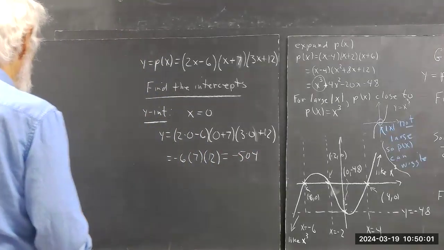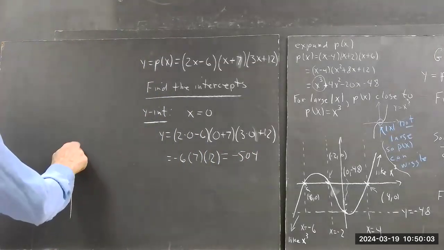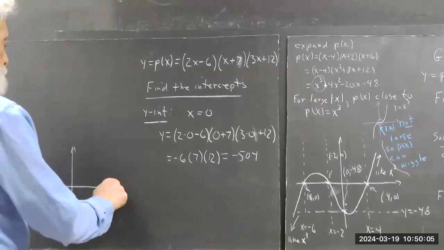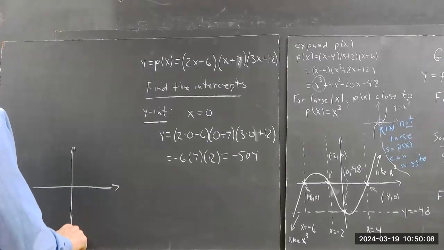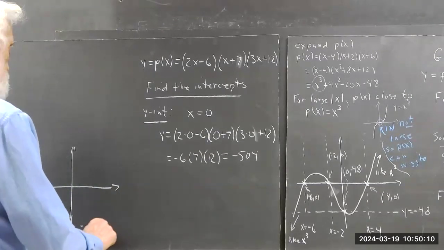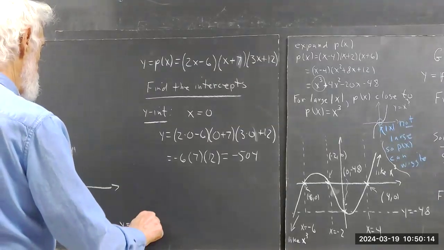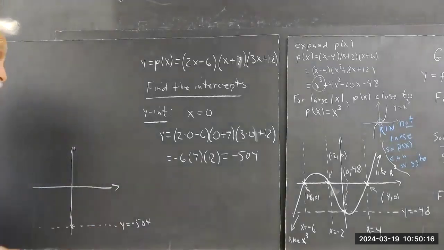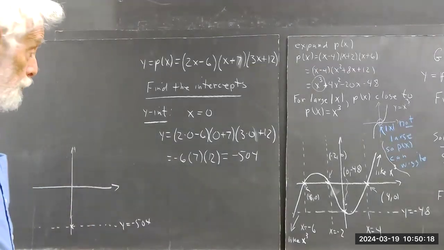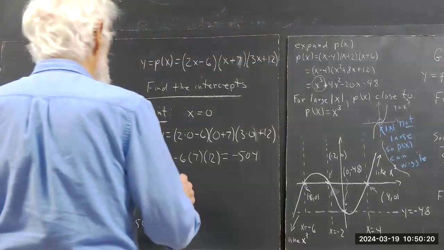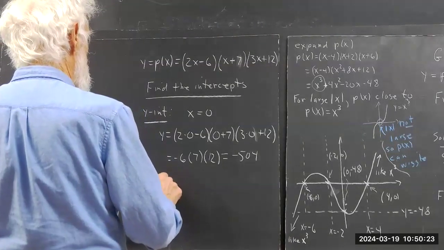So now we can immediately have information that we can put on our graph. The y-intercept occurs at y equals negative 504.